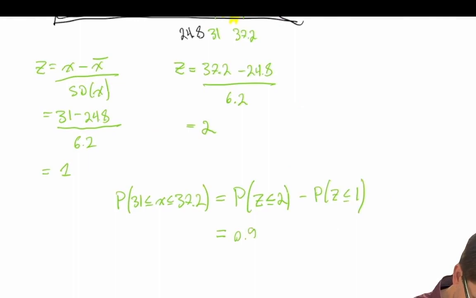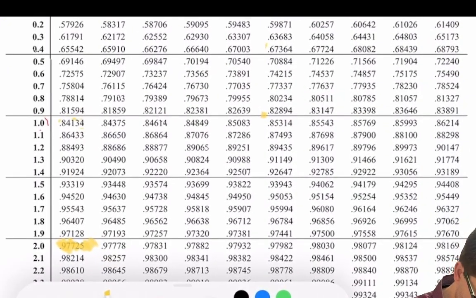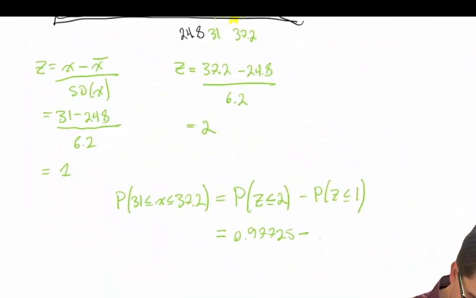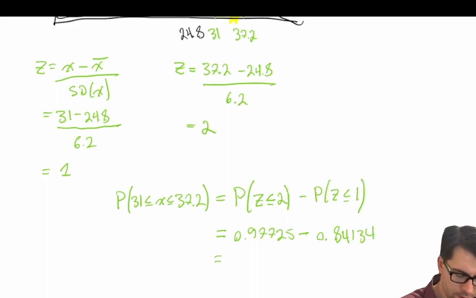So 0.97725 minus the probability that z is less than or equal to 1, which is right here, 0.84134. So we can go ahead and do that math. So 0.97725 minus 0.84134 gives us 0.1351.